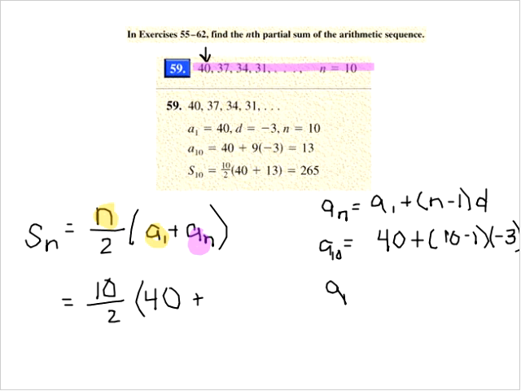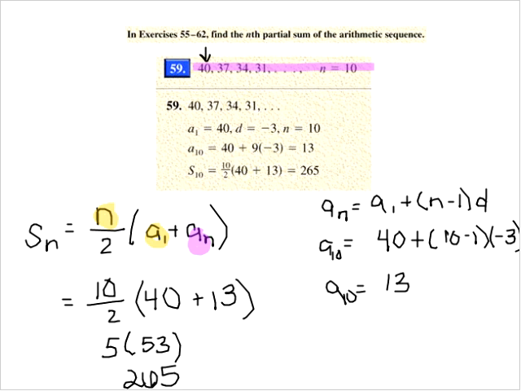When I simplify all of this, I should get a positive 13 for a sub 10. Coming back to my formula, to find the sum, we have 5 times 53, and 5 times 53 is 265 for the sum.